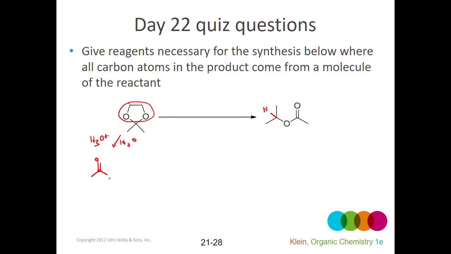What I would do with this acetone is to use LAH and then H3O plus. That would deliver a hydride to that carbon to put the hydrogen there that I need in the end. That would make that into isopropanol. So this oxygen can be this oxygen. Now I just have to take this proton off and get this oxygen to connect to this carbon.